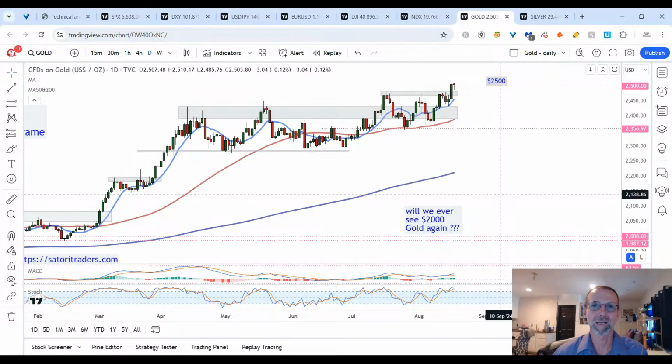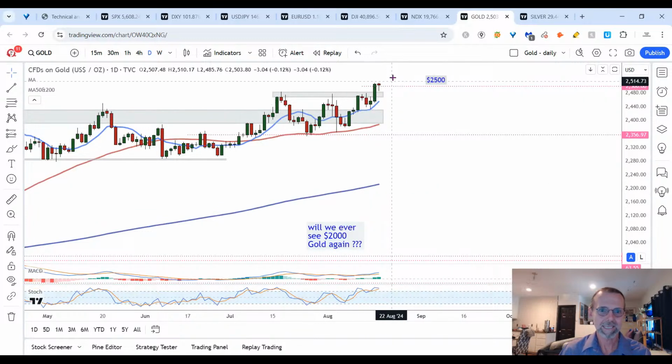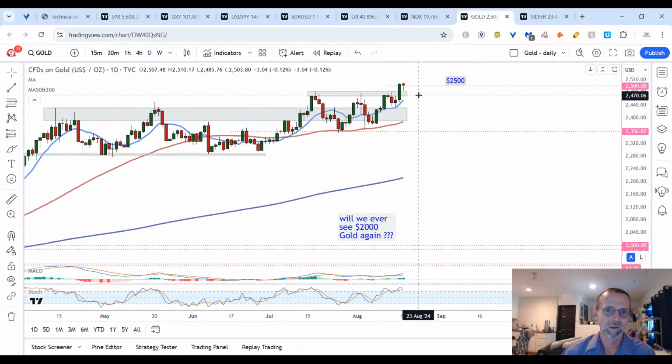You can call it manipulation if you want, management, whatever word suits you. But anyway, that was the second surprise, is that we didn't get a big price smash in the middle of Sunday night. Instead, what we see is that the price of gold is finding support at the 2,500 level.